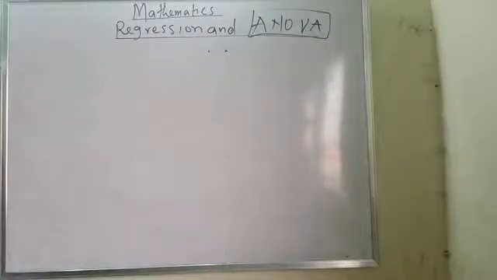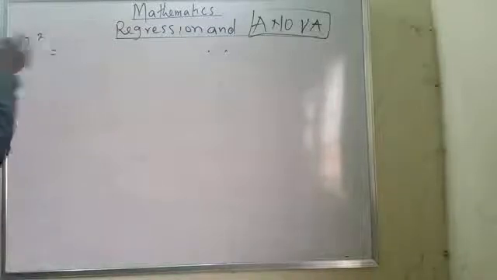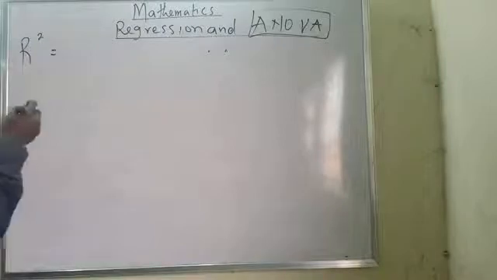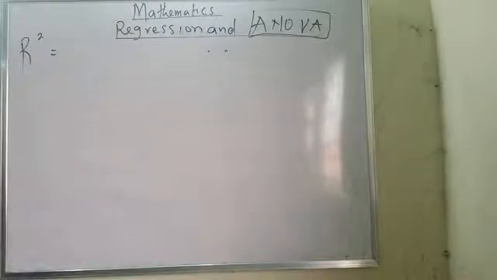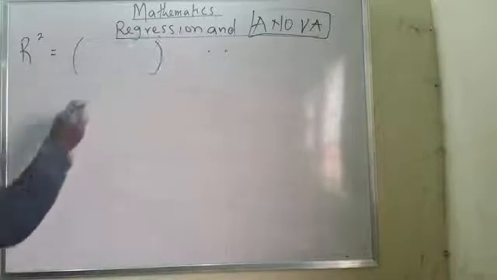Now, my R squared is always equal to the square of your R, the relationship value, which I've shown you.